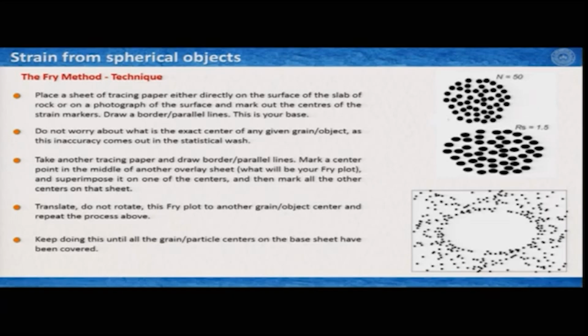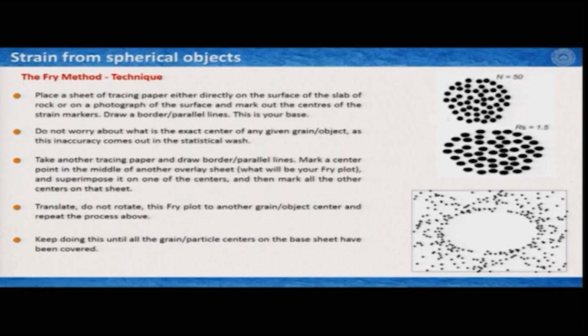First you mark the boundary of this tracing paper, a circular or a square boundary, and then on that tracing paper you mark a dot somewhere, and this is the base. You do not have to worry about where you are putting the center or the dots, because it would be statistically done. The method is a statistical method, so it will be taken care of by itself.